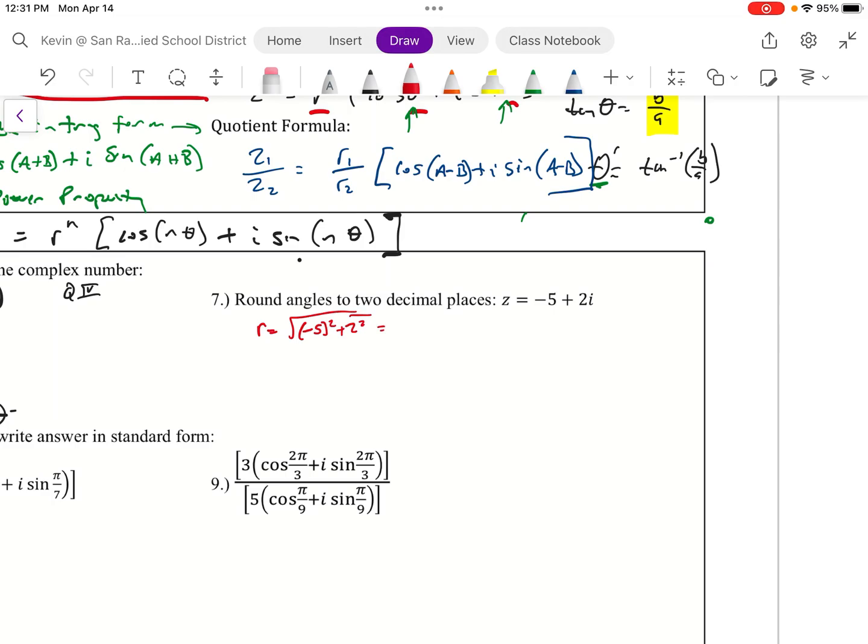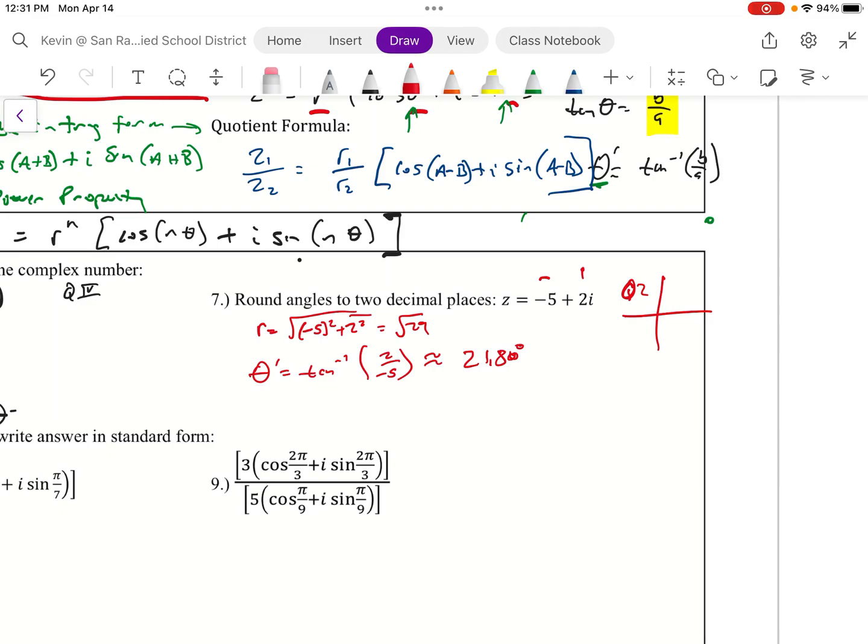All right, so we want to find r, negative 5 squared plus 2 squared, square root of 29. Now I want to find theta prime equals arctangent of 2 over negative 5, which is approximately 21.80 degrees.